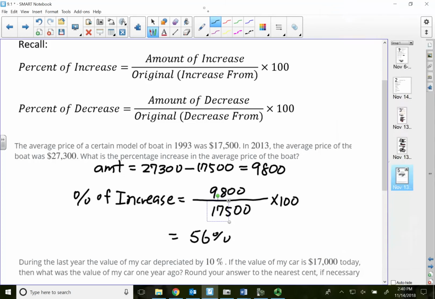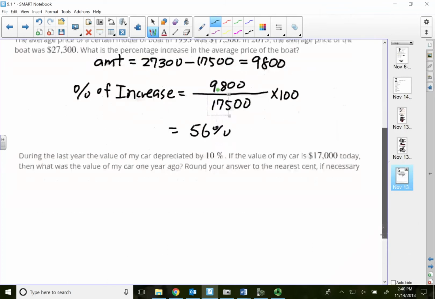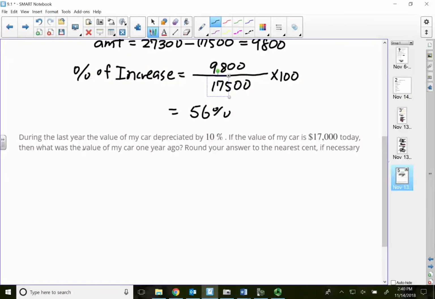All righty, let's take a look at this example. Very interesting little problem. During last year, the value of my car depreciated by 10%. If the value of my car is $17,000 today, then what was the value of my car one year ago? So that means a 10% depreciation.